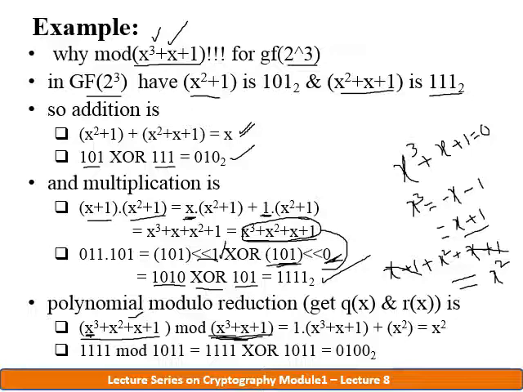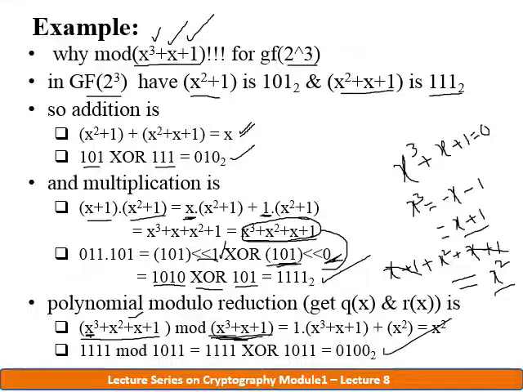So this way, after multiplication, whatever polynomial you get, you reduce that polynomial by taking the mod of the irreducible polynomial, and the final answer will be x square, that is 0 1 0 0, as mentioned here. So for multiplication we take the help of an irreducible polynomial for the reduction.